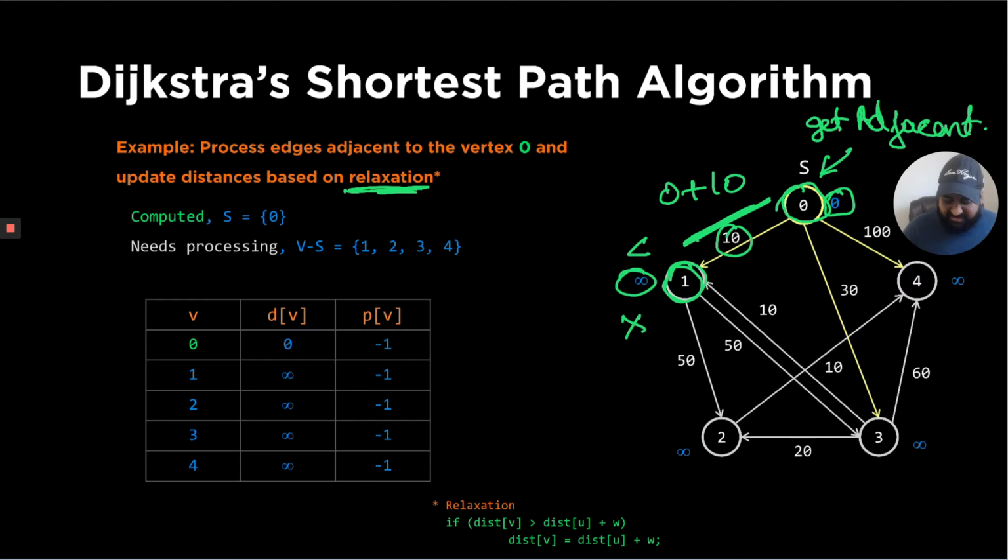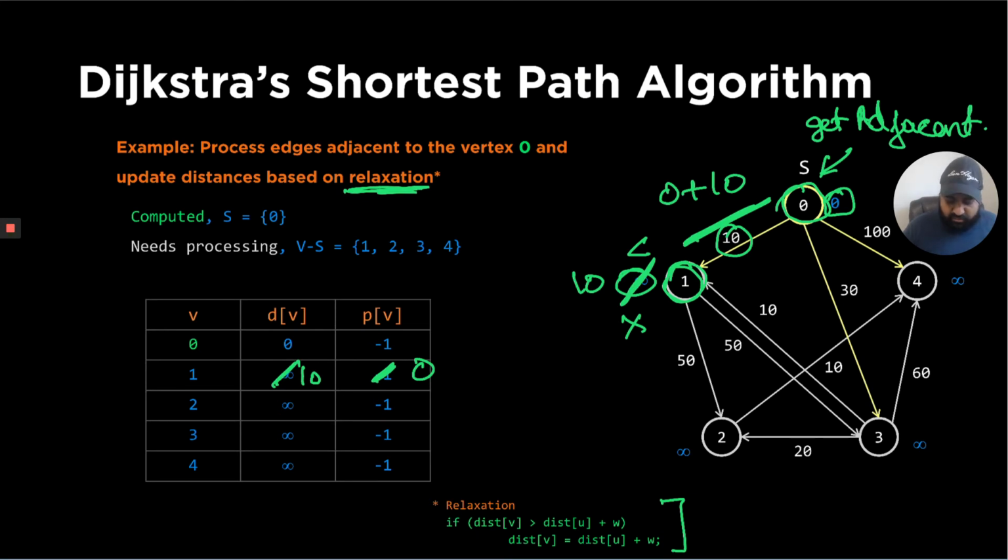Since this is smaller, that means a shorter distance is possible to reach that particular vertex from the source vertex. So we cut the current shortest distance and replace it with our previous vertex plus the edge weight, which is now 10. Similarly, we'll change this in the table. And we are going to replace its predecessor, which is now instead of -1, going to be 0.